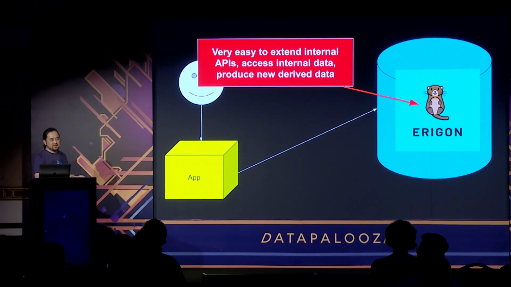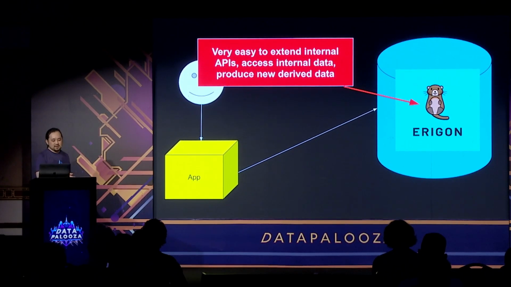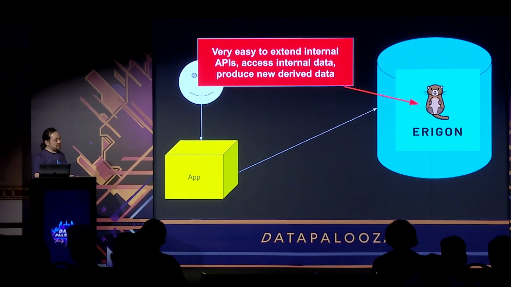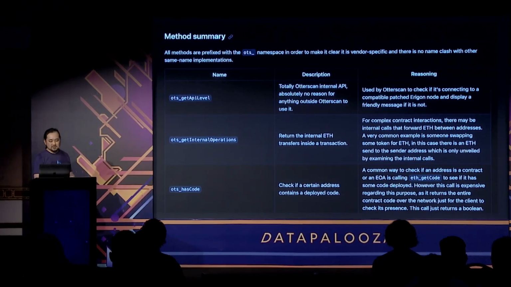It's very easy to understand the internal database schema. It's easy to produce new derived data on top of this raw data. And we also save those derived data inside the Aragon database itself on separate tables. So everything is self-contained. It's very good for us. It's a very simple architecture.